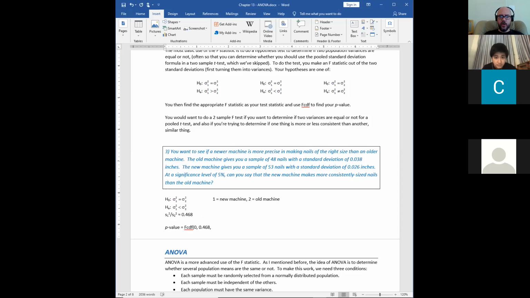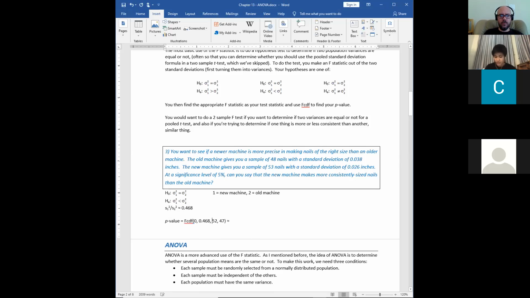Then I need my numerator and denominator degrees of freedom. 47 and 52, but in the other order, because I put the new machine first, S1 on top. So 52 and 47. The p-value is 0.0041.